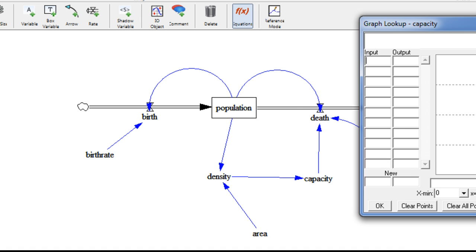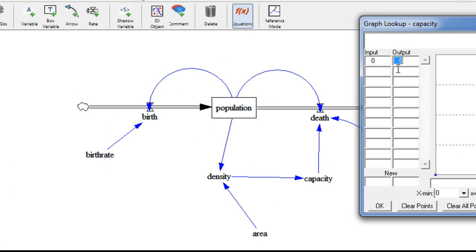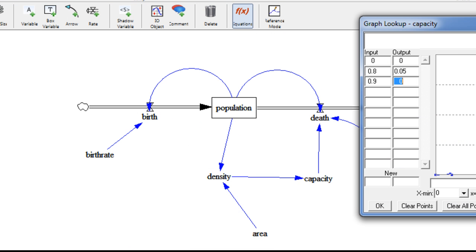Now we have created the table here, so just copy it: 0, 0; 0.8, 0.05; 0.9, 0.1; 1, 0.15; 2, 1.1; 3, 2.1; 4, 4.1. Okay, let's say like this, for example.